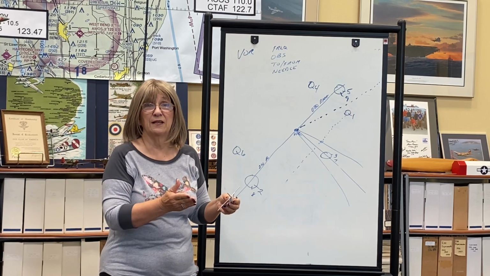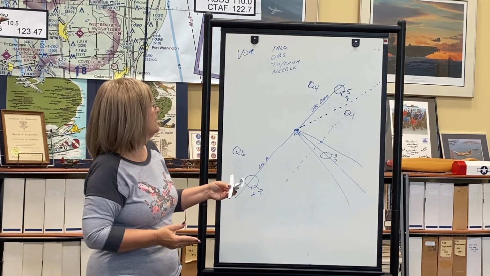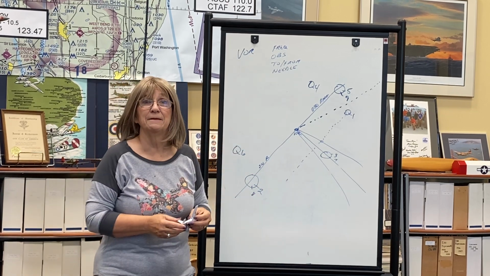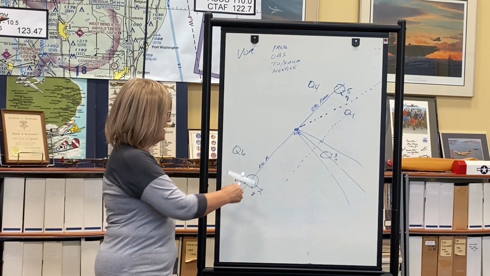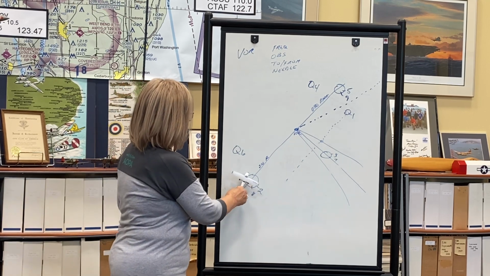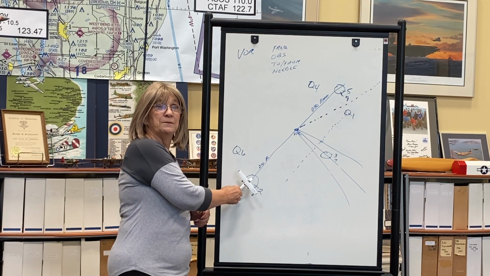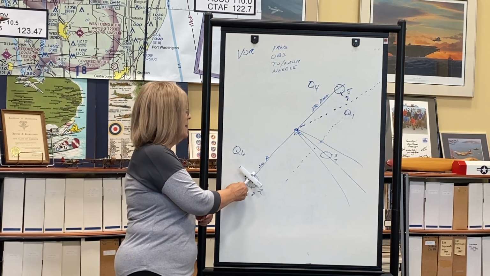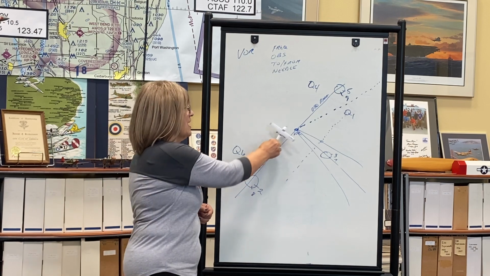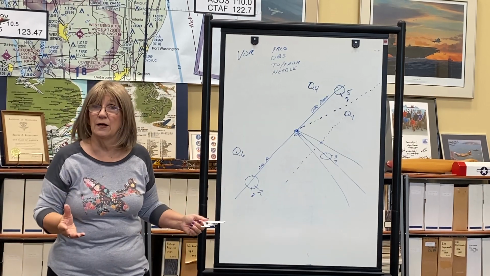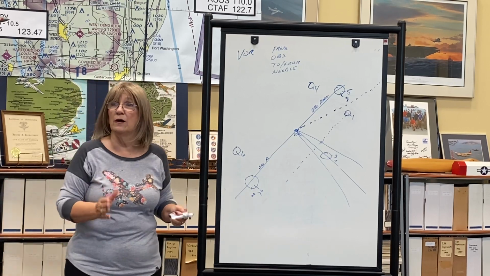Then I'm going to center up the needle, and then whatever radio it's on, that's the heading that I would fly. So if I'm down here and I spin that needle till it says TO, it's going to say 030, and that needle centers, and I'm like, okay, a heading of 030 will take me to that VOR. Now I may not want to go to that VOR, but at least I know where I am.